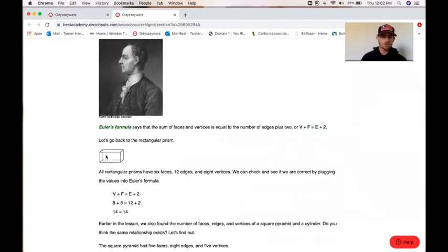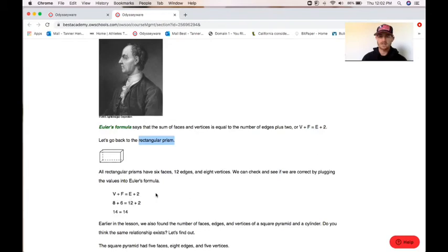If we're doing this rectangular prism right here, it has 6 faces: 1 back, 2, 3 up top, 4 on the bottom, 5 on the right, 6 on the left. So we put that was faces, so we put that right here. We have 8 vertices, so we just count all the points, 1, 2, 3, 4, 5, 6, 7, 8. Plug that in right here, vertices.